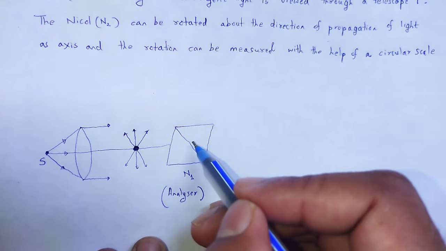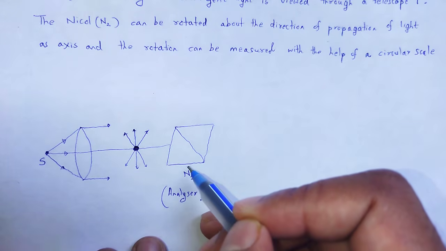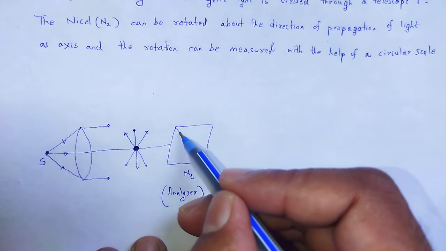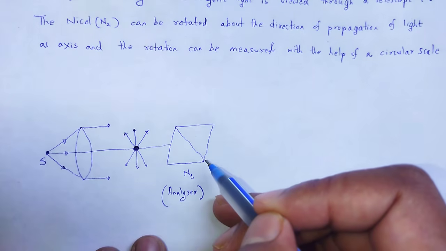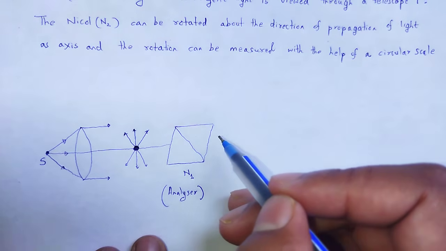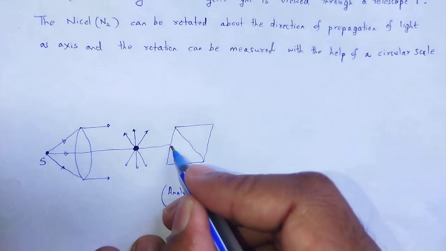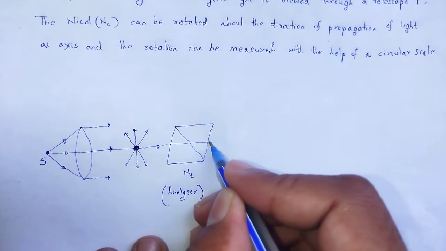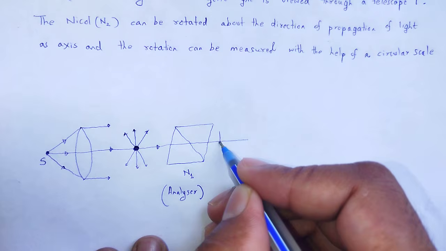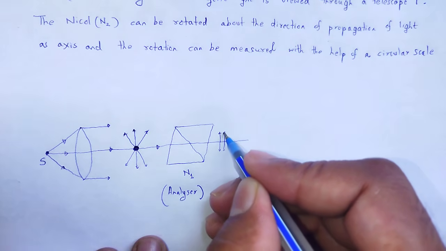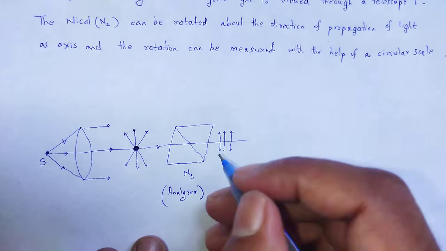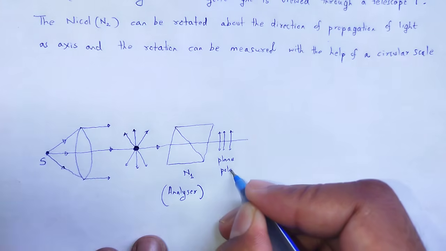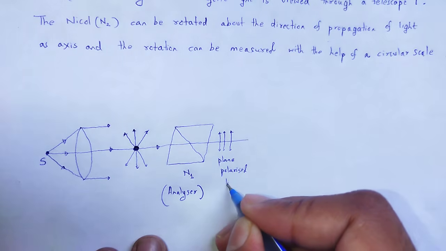So, it is split up into two rays, one is the E ray, another one is the O ray, and that O ray is reflected back as Canada balsam is used, and only the E ray passes through the nicol prism. Here we obtain plane polarized light.